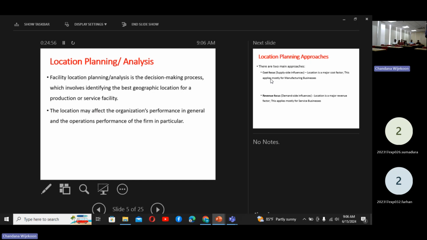Now, what I mean by operations performance here, right? If you think of a manufacturing firm, what are the key criteria that we can use to measure the operations performance? What are the key concerns?